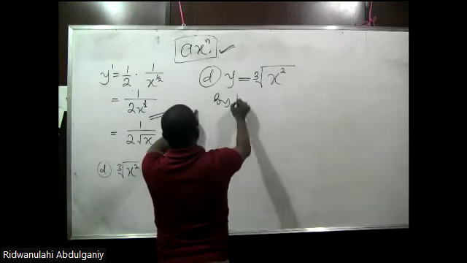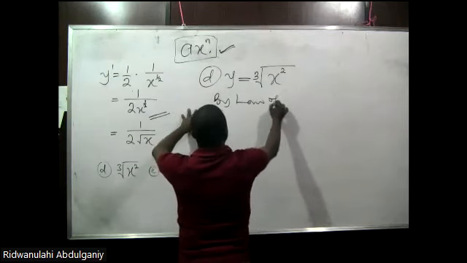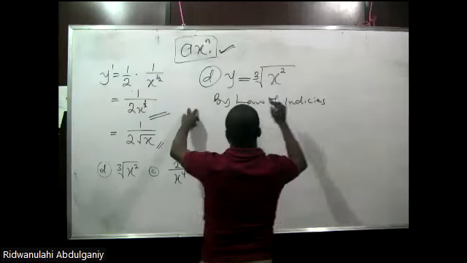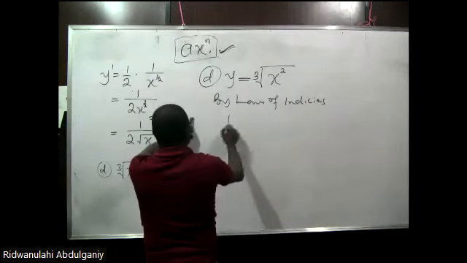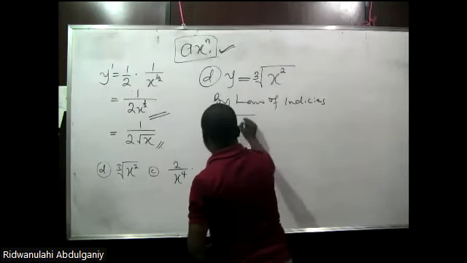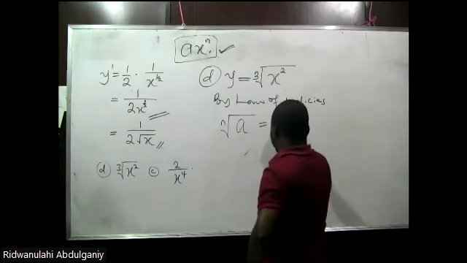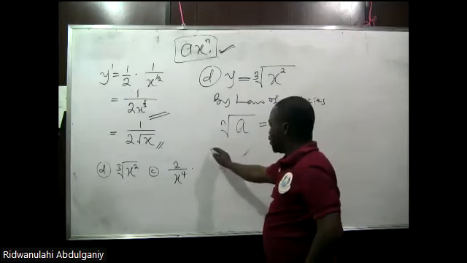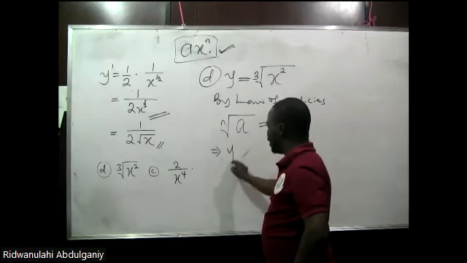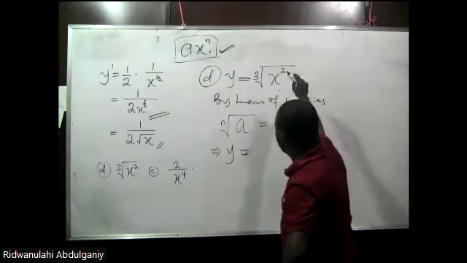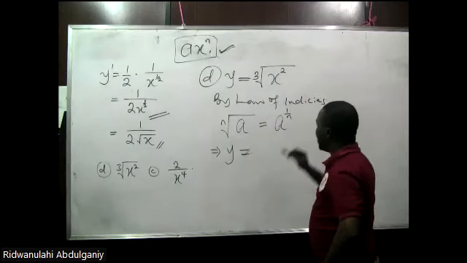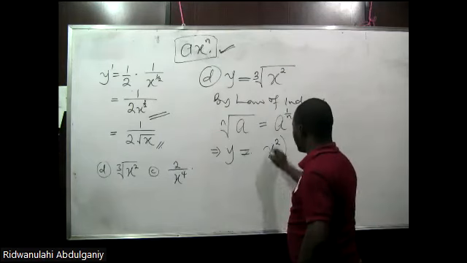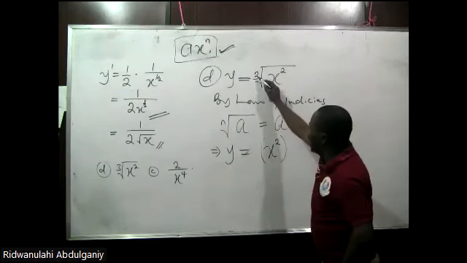By law of indices, the nth root of A is A raised to power 1/n. So this now implies that our Y equals, if you compare this and this, our A now is X raised to power 2 and our N is 3.